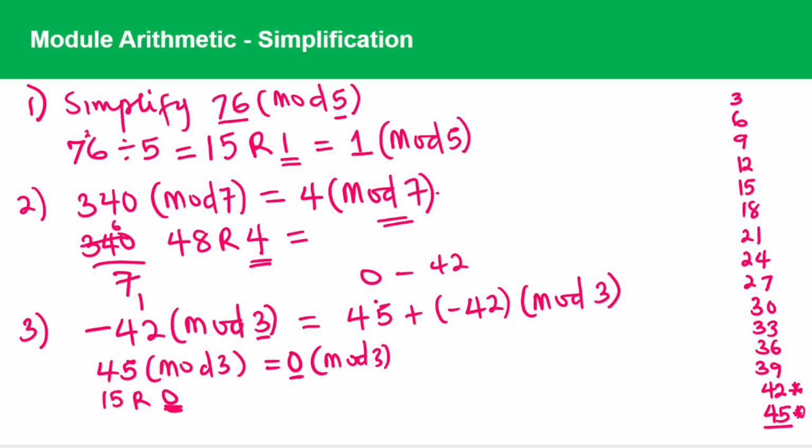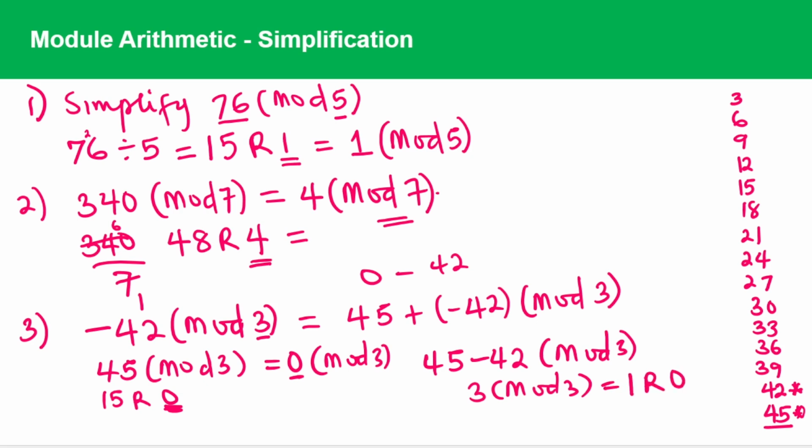But the reason we're doing this is so that we can turn this minus 42 into a positive number. So 45 minus 42 mod 3 gives me 3 mod 3. And 3 mod 3 means 3 divided by 3, which gives 1 remainder 0. So this 0 is our final answer. My answer is 0 mod 3.